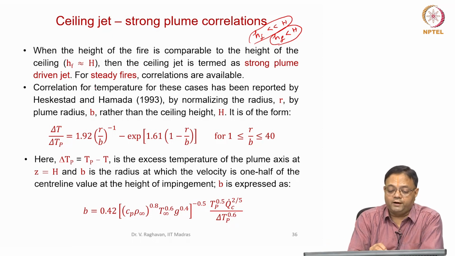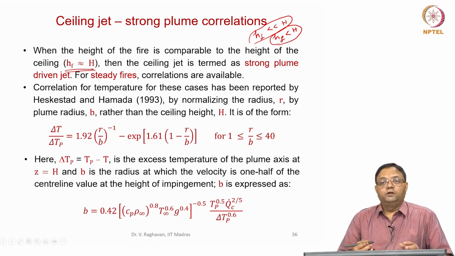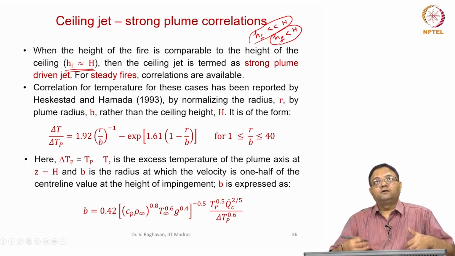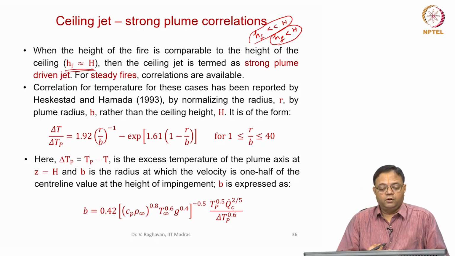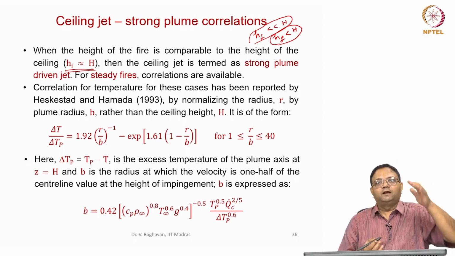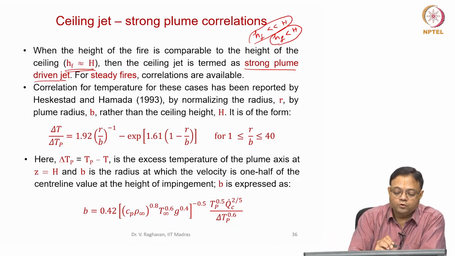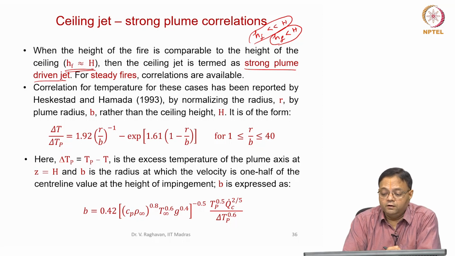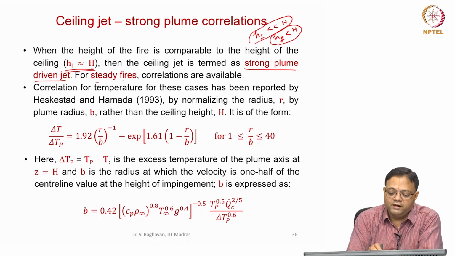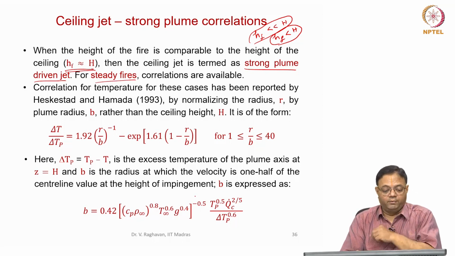But now what we are trying to address is, if the flame height itself is comparable to the ceiling height, whether the heat release is very strong or the ceiling height is smaller, then we have to go to the solution for the strong plume region. Again, for steady fires, some correlations are available for this.